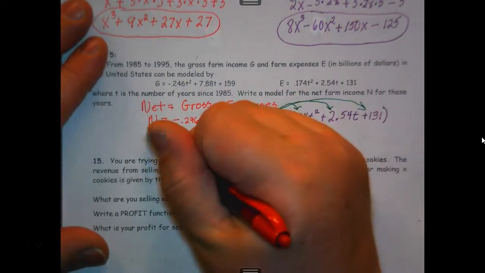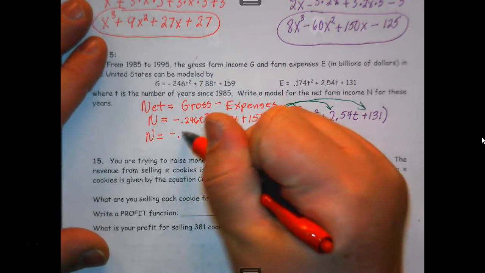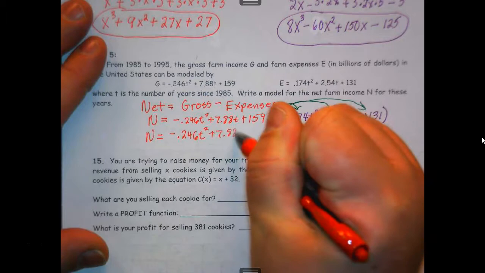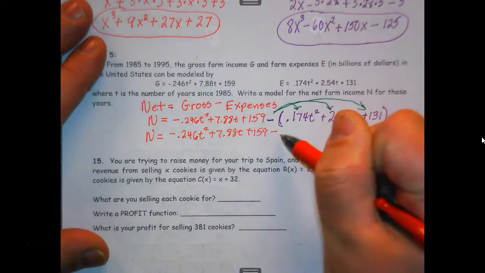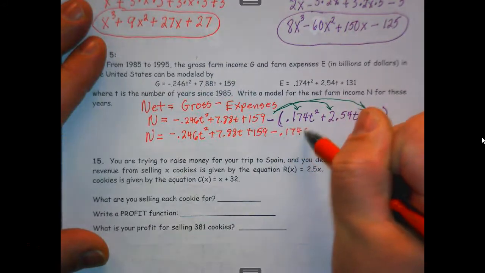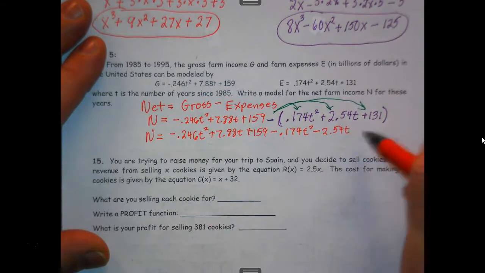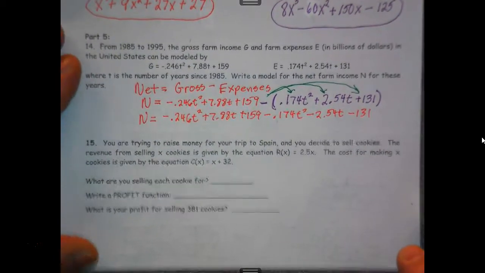Okay, so my net function is going to equal negative 0.246 T squared plus 7.88 T plus 159 minus 0.174 T squared minus 2.54 T minus 131. And you talk about fun.